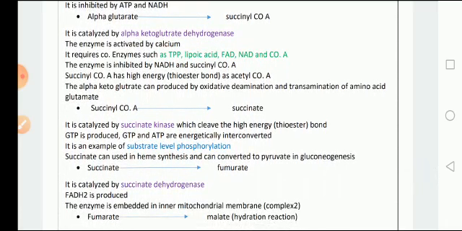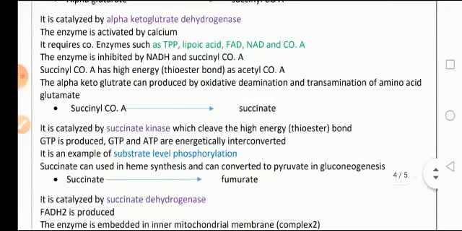When this high energy thioester bond is cleaved, the succinyl-CoA will be converted to something known as succinate, and this would drive the synthesis of GTP from GDP. This is known as substrate level phosphorylation.